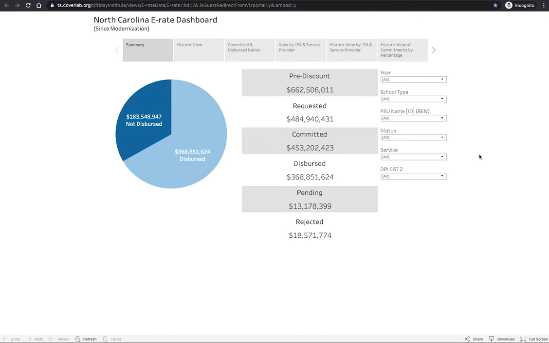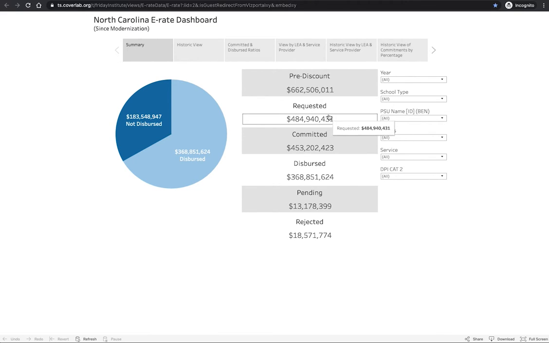So real quick, here is the dashboard for this is all of the data since E-rate modernization, which happened in the 2015 E-rate year for the state of North Carolina. So we've downloaded every public school's information for all those years, and you can see that the total contract value was $662 million through those years, with 453 out of 484 million committed, so requested versus committed.